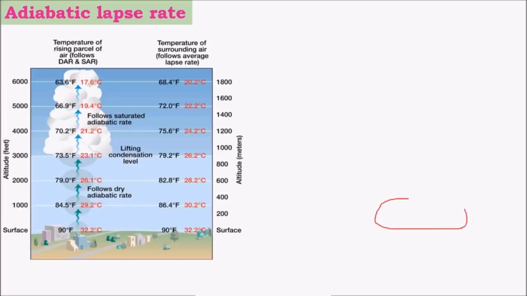A parcel of air simply means air which has a more or less homogeneous temperature, that is, the temperature of the whole parcel is quite the same, and it also has the same physical and chemical properties, that is, the same composition and other properties, hence we call it a parcel of air. And we know that air molecules are separated by a distance, and in liquids this distance decreases, and in solids the molecules are very much closer.